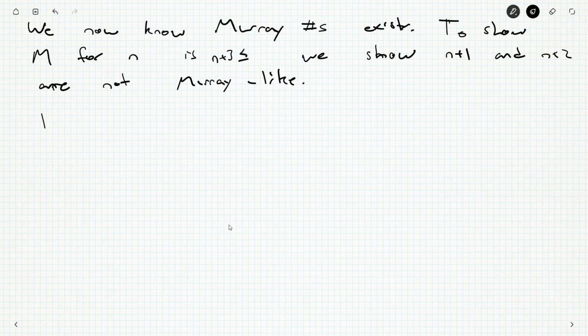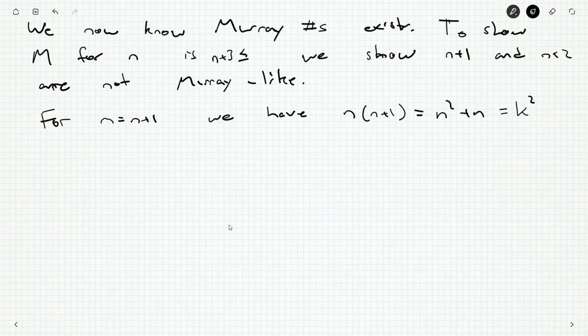Okay, so for m equal to n plus 1, we have n times n plus 1, and that would be n squared plus n. And you have to say, well, can this ever be a perfect square? What's the best way to do it? Well, let's suppose it were a perfect square.